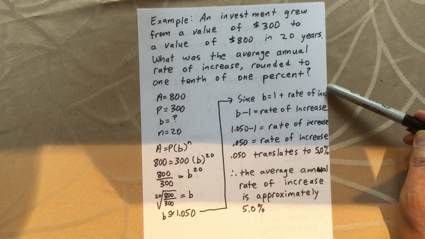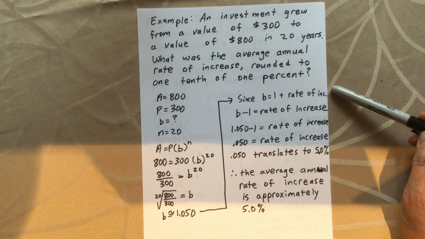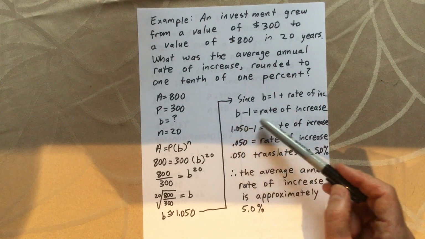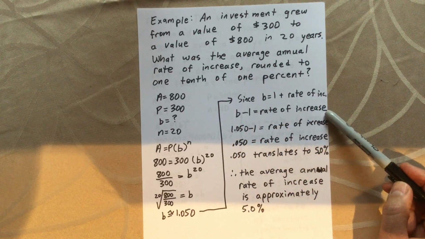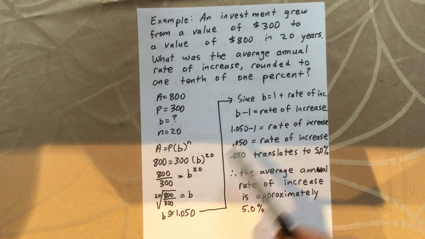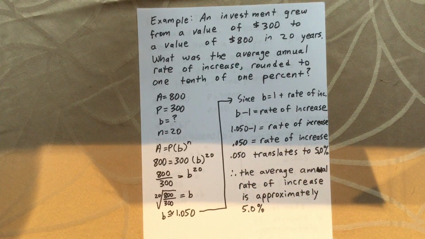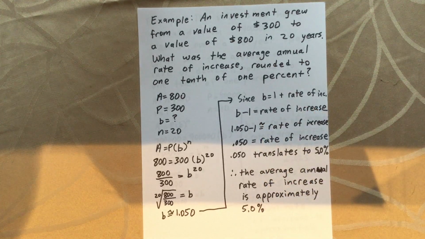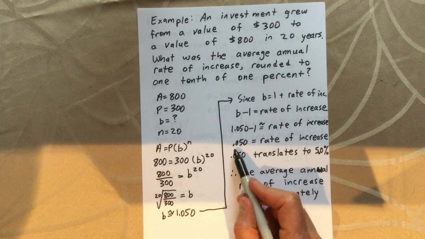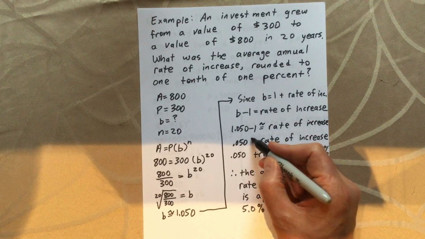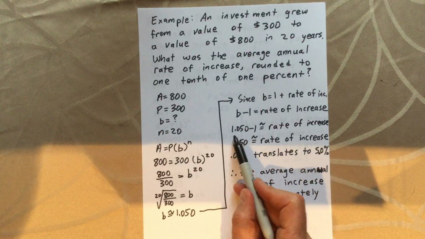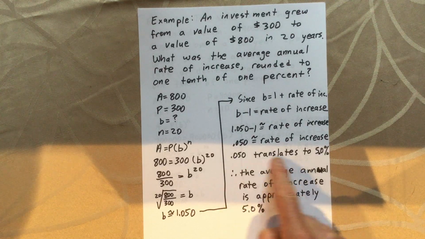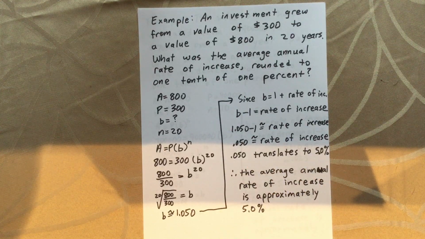Now, remember, in a question like this, B is equal to 1 plus the rate of increase. Subtracting 1 from each side means B minus 1 is equal to the rate of increase. So 1.050, which is B, minus 1 will be approximately equal to the rate of increase, which means 0.050 will be approximately equal to the rate of increase, because 1.050 minus 1 is 0.050. 0.050 translates to 5.0%.